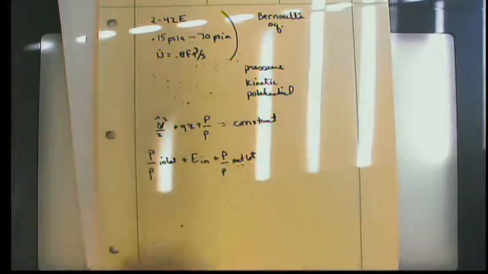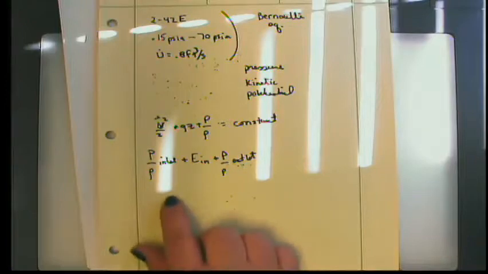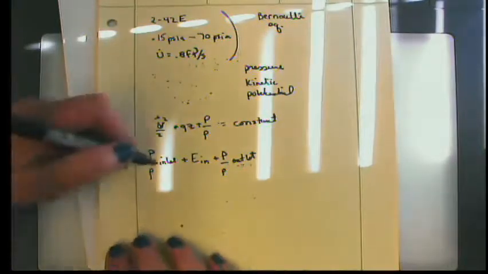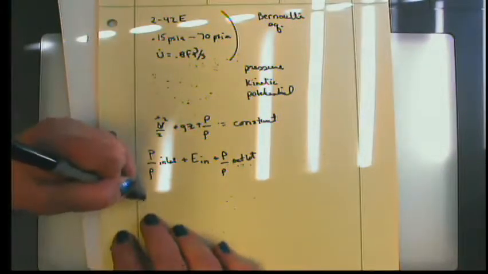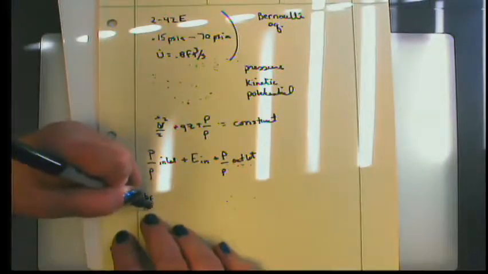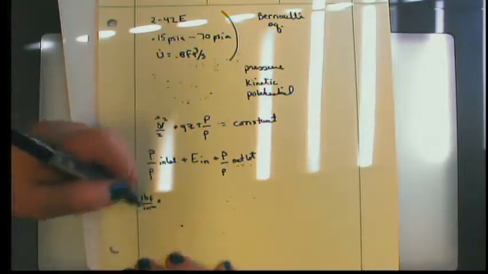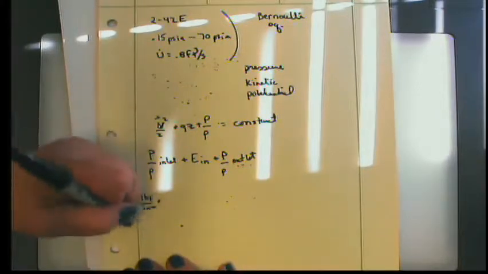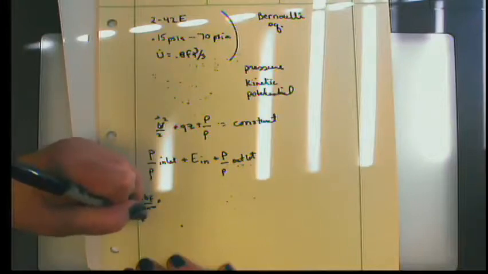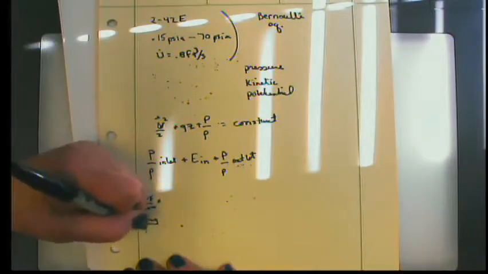If you look at these units, pressure is measured in pounds of force per inch squared, and rho in the US customary system is in slugs or pounds of mass per cubic foot.